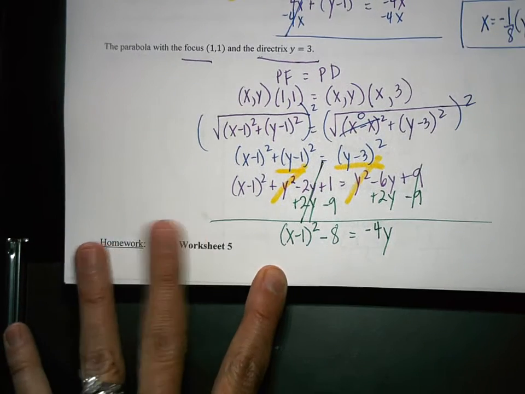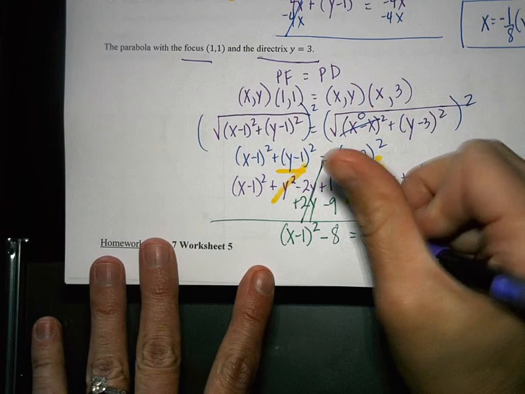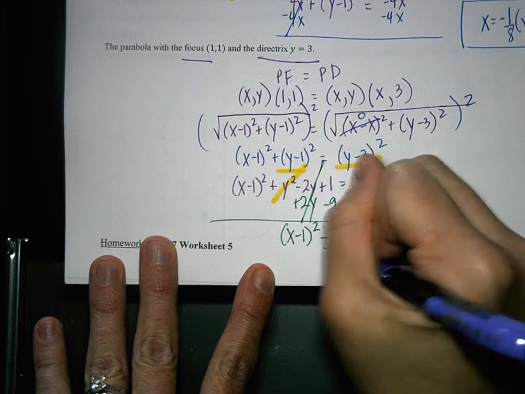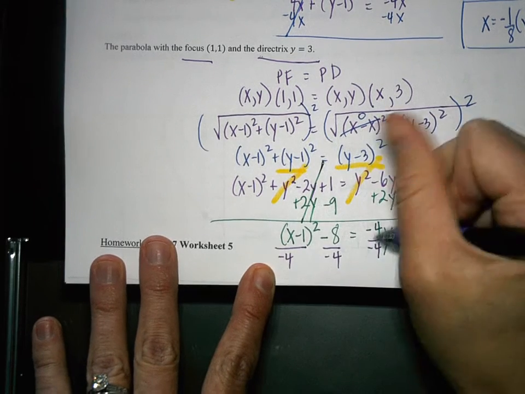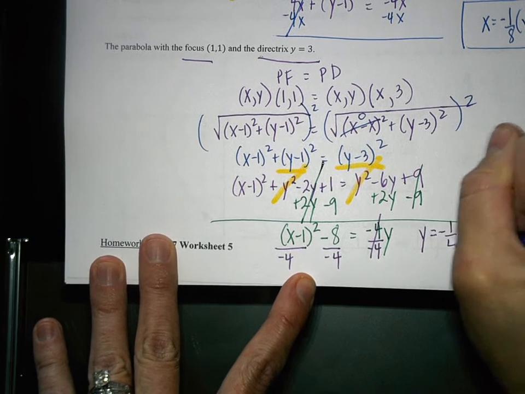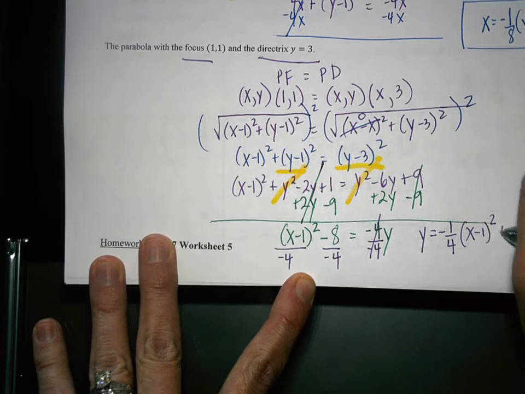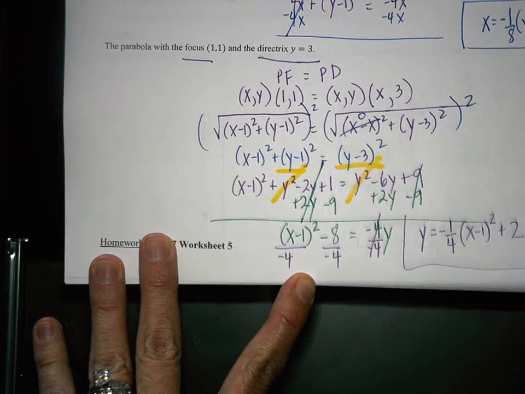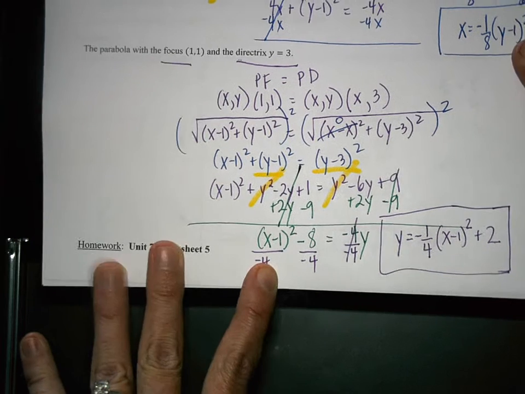And then the last step is to divide everything by negative 4. So I'm going to divide by negative 4 to both terms here. So that eliminates, and my equation is y equals negative 1/4 x minus 1 squared plus 2, because negative 8 divided by negative 4 makes a positive 2. And that is your answer.